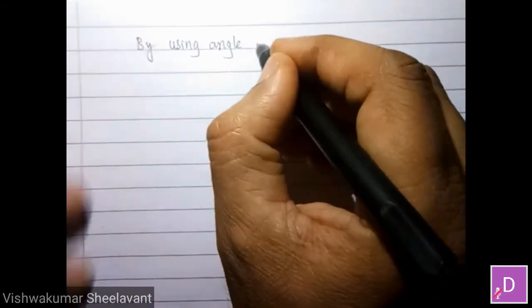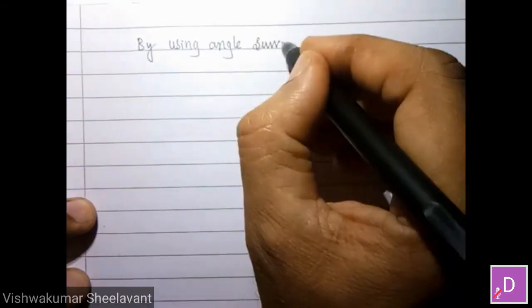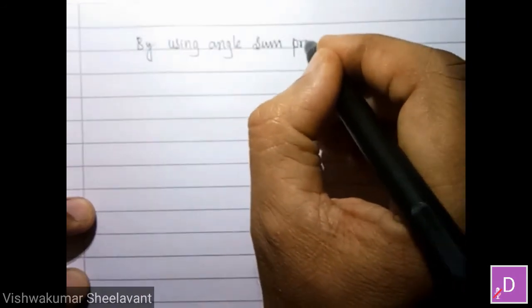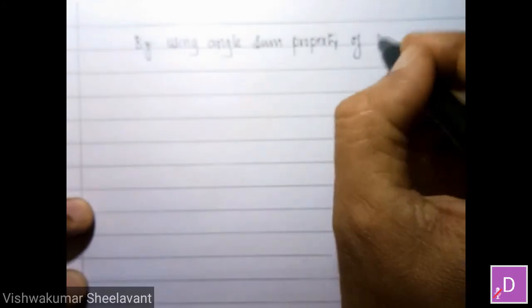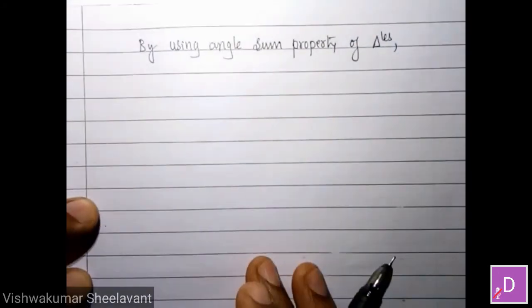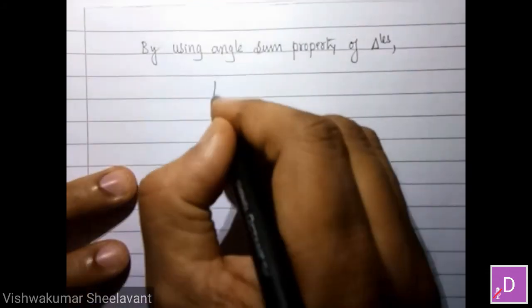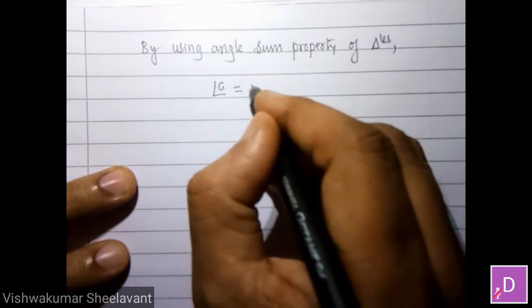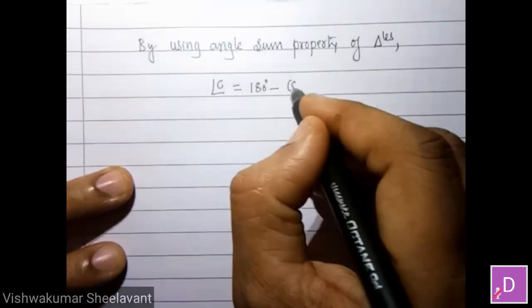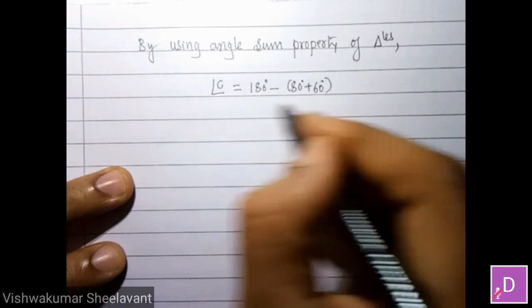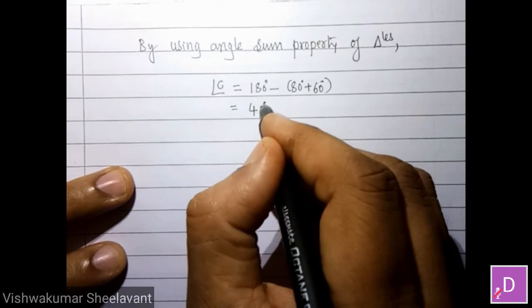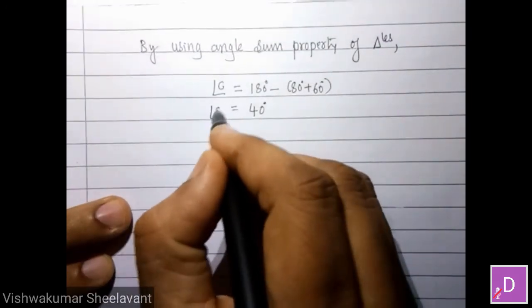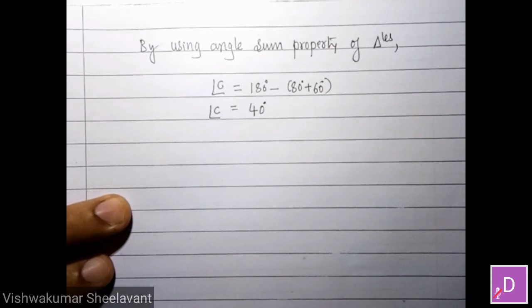By using angle sum property of triangles, angle C is equal to 180 degree minus (80 degree plus 60 degree), that is equal to 40 degree. Angle C equal to 40 degree. Is it okay?